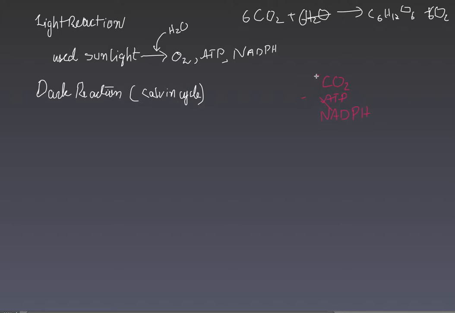So these three essentially go into the Calvin cycle, and you end up with a G3P molecule.